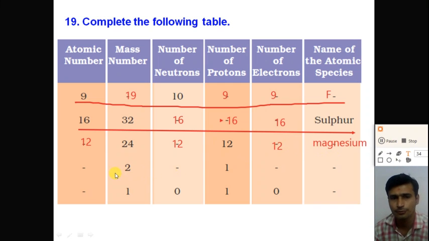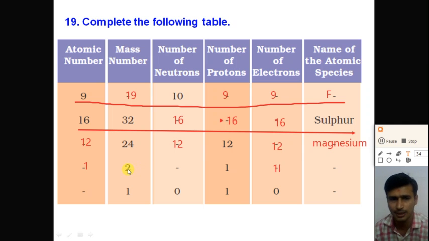Now fourth line. Here the mass number is 2 and the number of protons is 1. The number of protons gives the atomic number, so it has atomic number 1. Number of electrons is equal to number of protons. So write here 1, right? 1 proton and 1 electron is there. Mass number is 2.